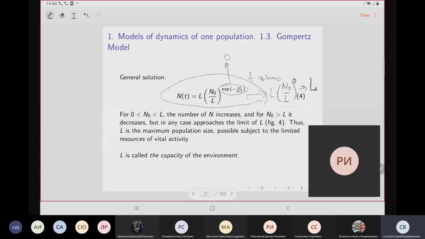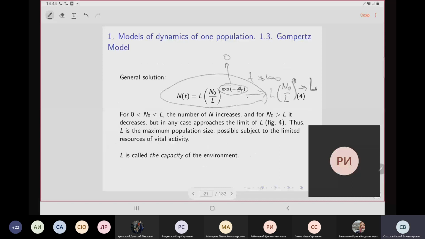Moreover, we can understand how they approach L. If our initial value is greater than L, then the function is decreasing. And if n0 is less than L, we can derive that the solution is increasing.